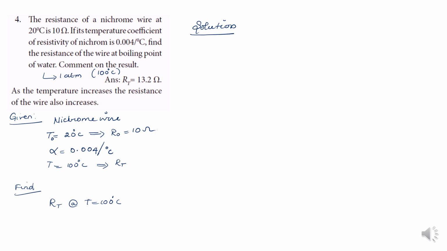The final formula is RT is equal to R naught into 1 plus alpha into T minus T naught. You are asked to find RT. RT is equal to, what was R naught? 10 into 1 plus alpha, which is 0.004, into the temperature, 100 degrees Celsius.